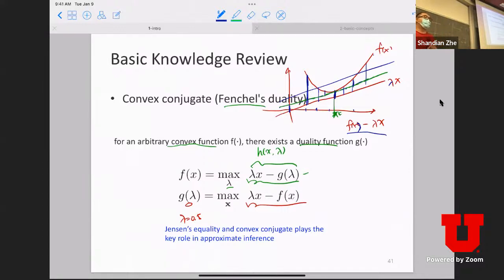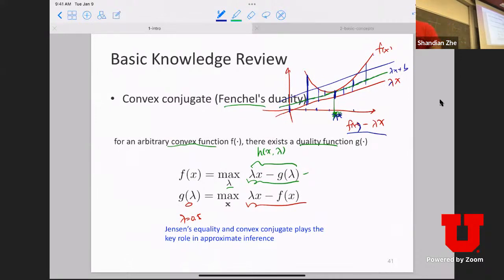But what's the length of the smallest distance? You want to know that? You just move lambda x up until it becomes a tangent line of f of x. You find that point. At this point, this tangent line with slope lambda overlaps with f of x. So you know this is the right place where you get the smallest distance.